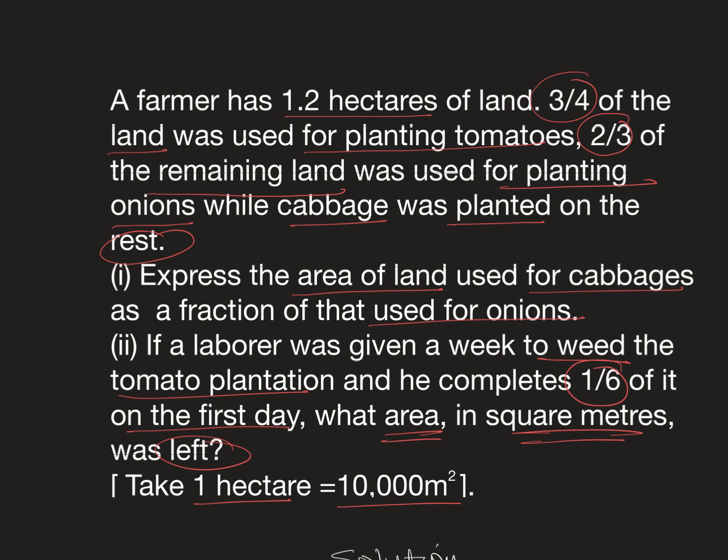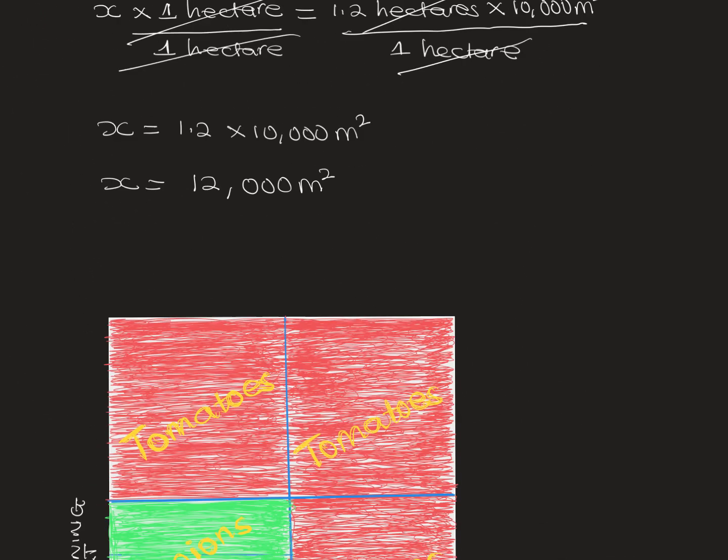This means that we first have to find the fraction of the remaining land. Then when we multiply it by 2/3, that will give us the actual fraction of the land used for planting onions. So do not assume that this 2/3 is the fraction of the land used for planting onions. No. Moving on.